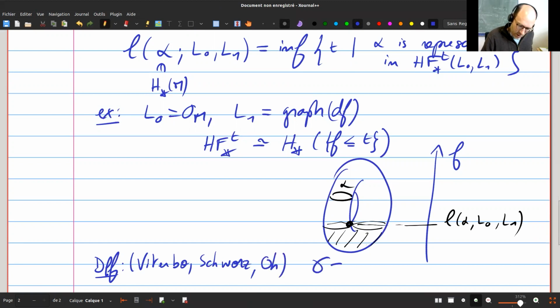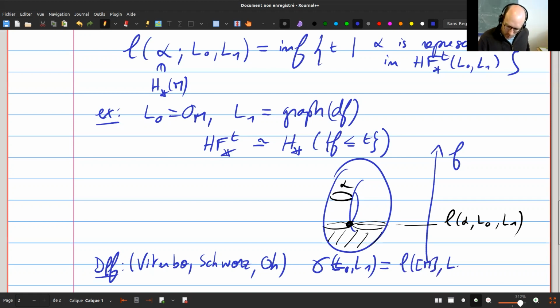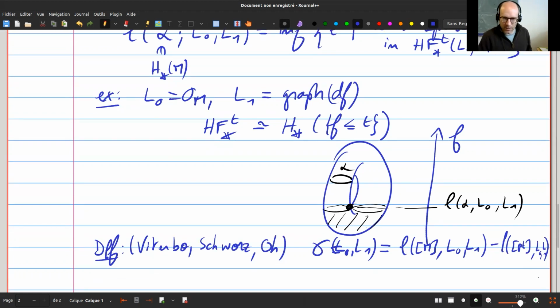So gamma of L0, L1 is by definition l when you apply it to the fundamental class of M, minus the same thing but applied to the point class in M, for L0 and L1. Okay, so that's how this metric gamma is defined.